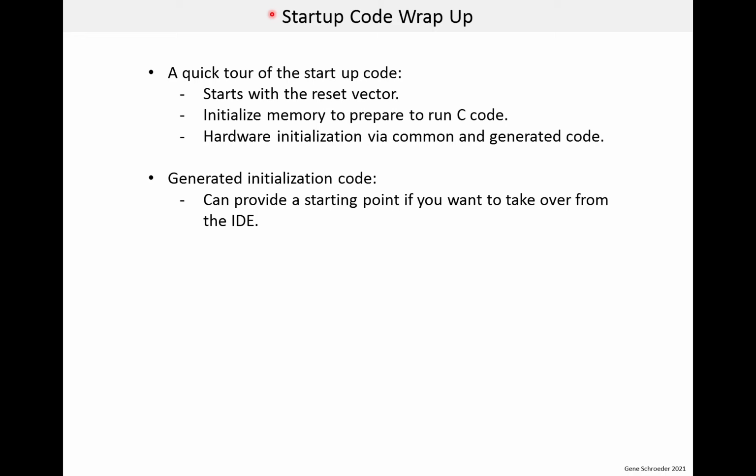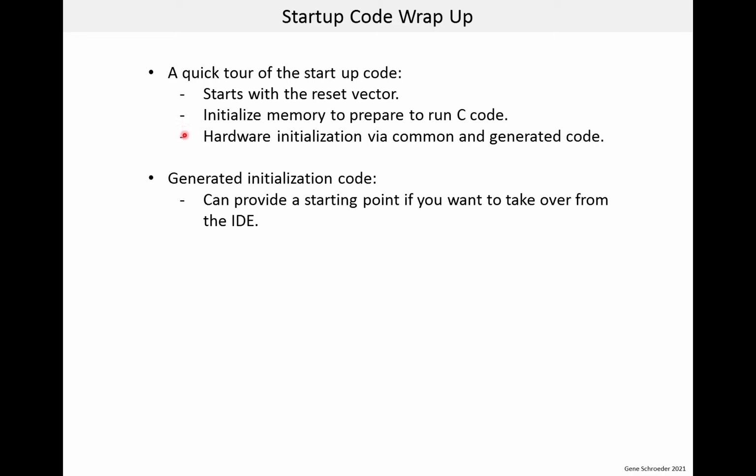So that's it for looking at code. We took a quick tour of the startup code, and we found it all starts with the reset vector out of the interrupt vector table. Then we initialize memory to prepare to run C code. By the way, this was done in assembly code, but I believe it is sometimes done in C code. You just have to be very careful.